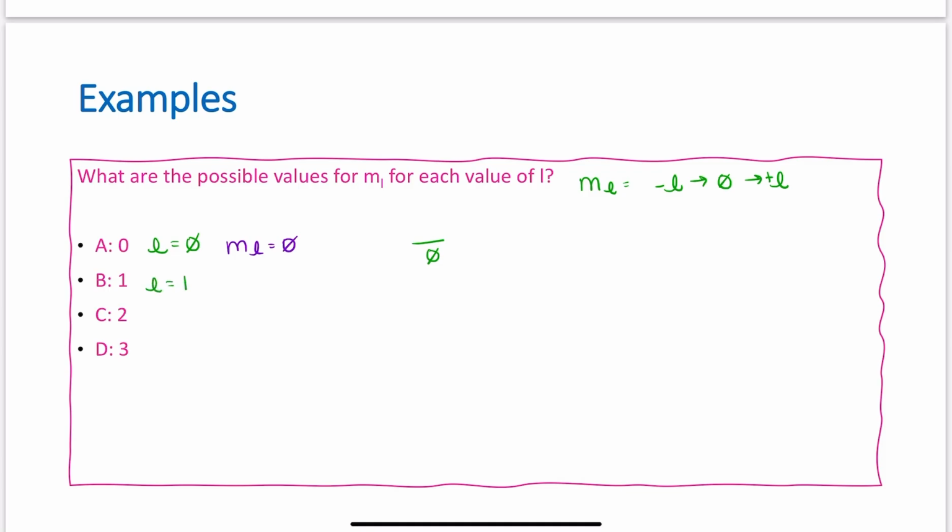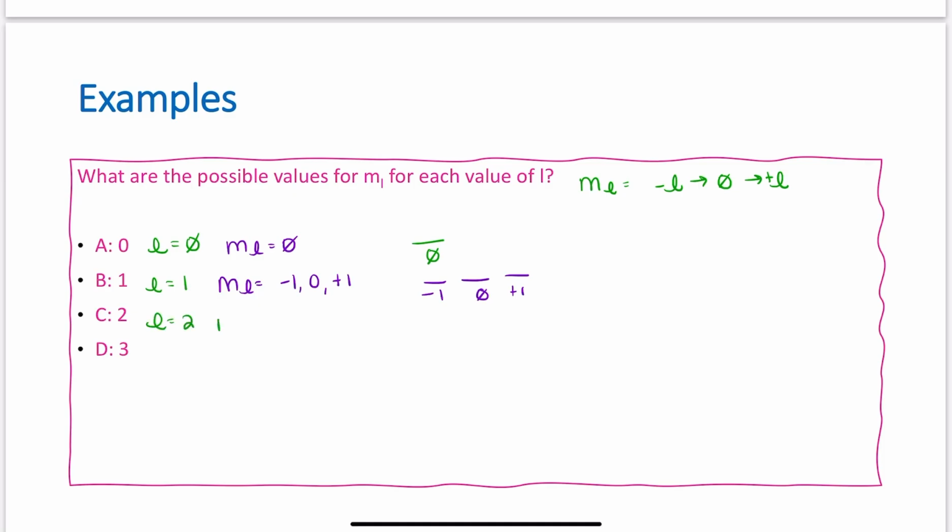When L is equal to 1, my m sub L is equal to negative 1, 0, or plus 1. In this case, I have 3 degenerate, meaning equal in energy, orbitals. These are my p orbitals.